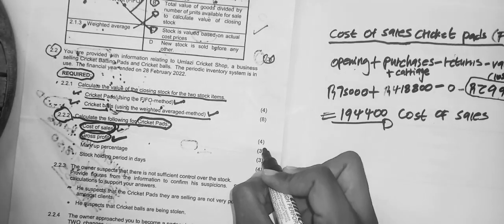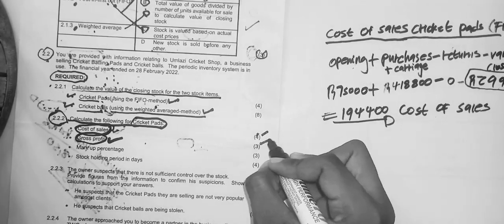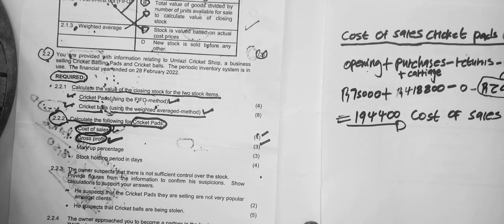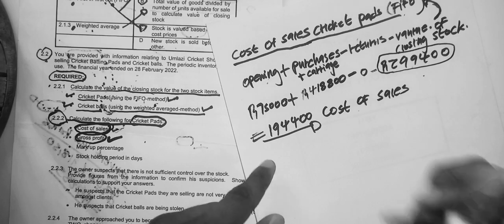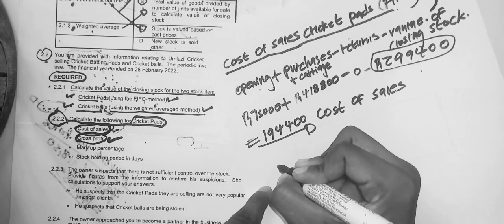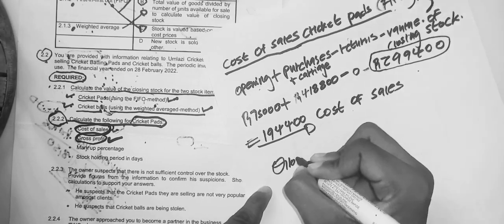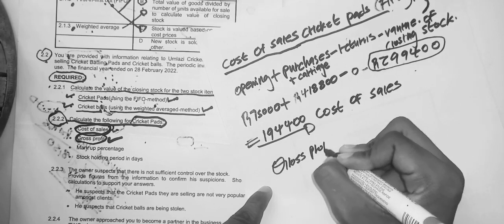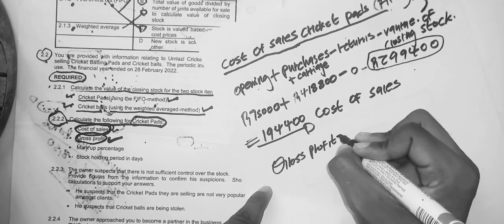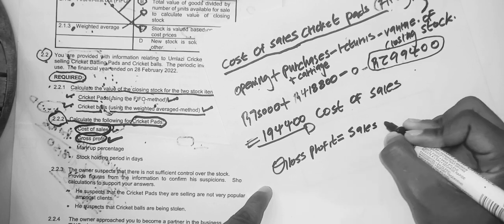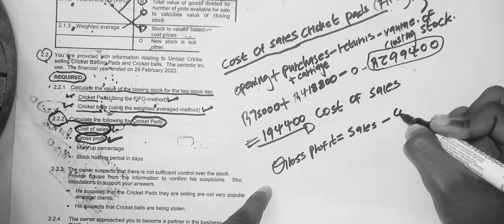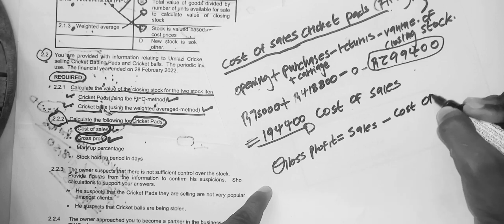Actually, this cost of sales and the gross profit are free marks because this is where you are passing. So let me give you the formula for gross profit. As from the income statement, you know what makes gross profit. Gross profit is equal to sales minus cost of sales.